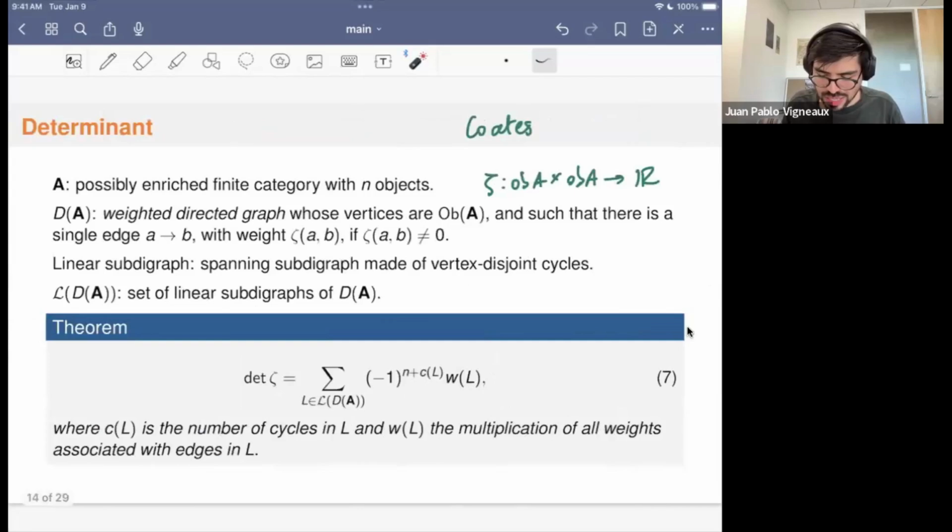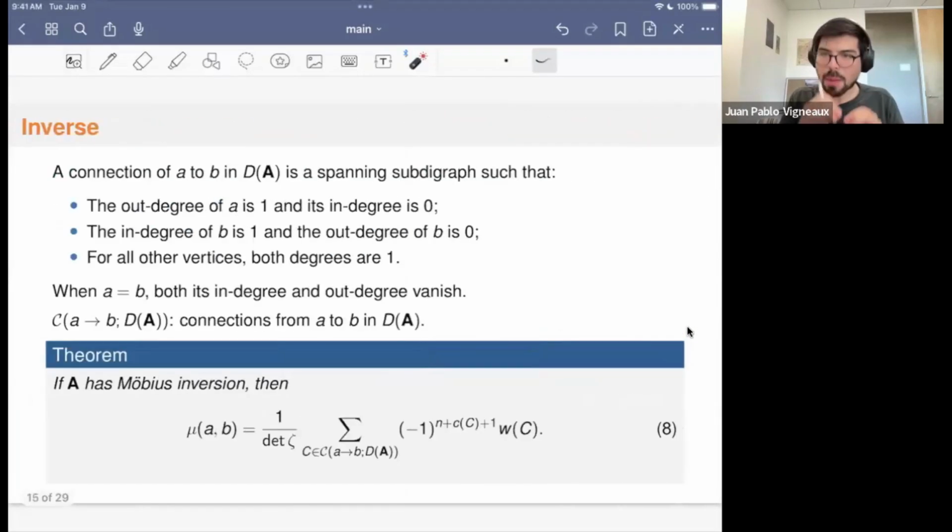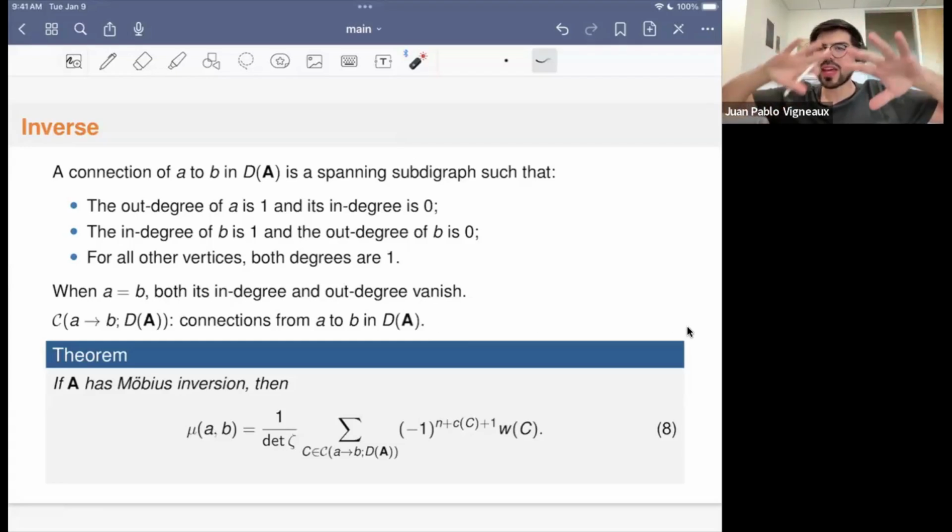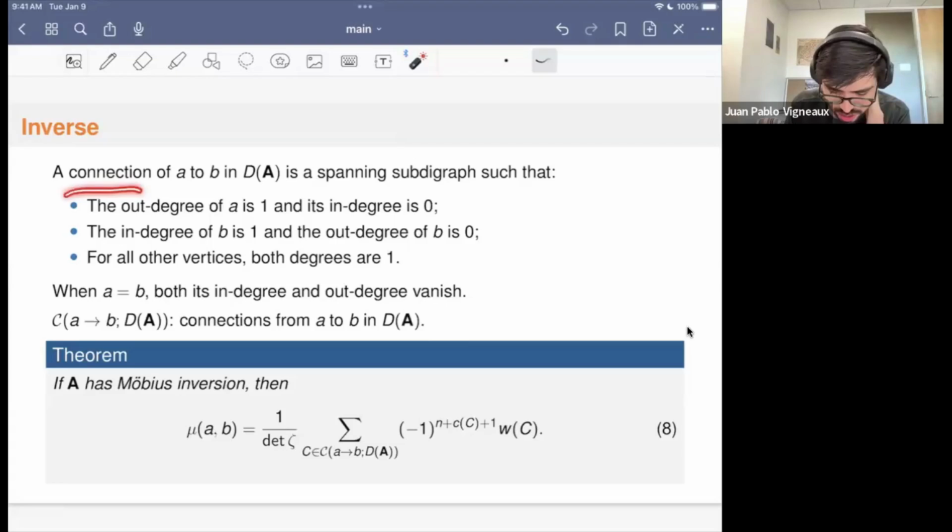So that translates into the fact that you get a path from, let's say, A to B, or I to J. And in the complement of that path, all the other vertices get a linear subgraph. This is what is called a connection. Because A has out degree 1, B has in degree 1, and the other vertices are balanced. So all degrees are 1.